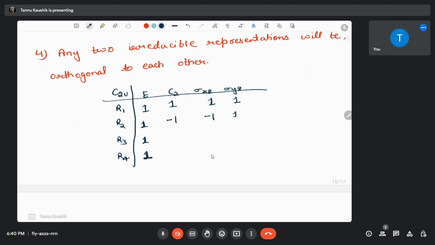So if I put -1, -1, 1, -1, 1, 1, -1, -1, and you take any two representations here, you will find that each of these irreducible representations is orthogonal to each other.